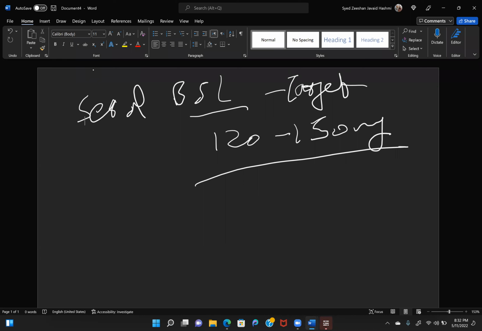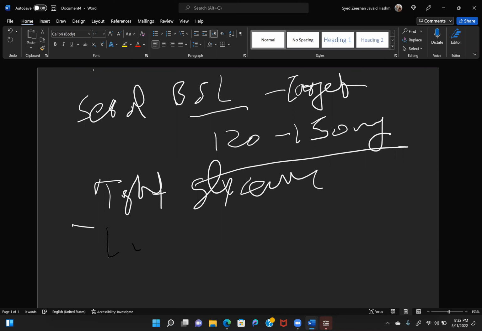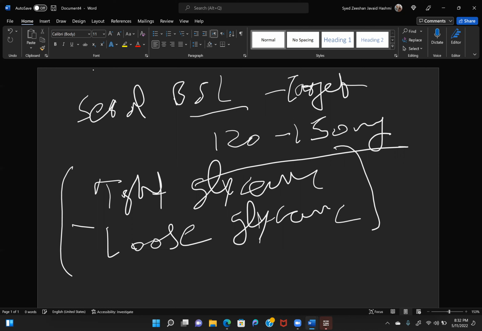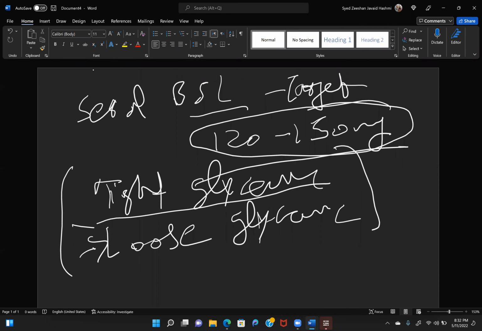Listen, there is tight glycemic control, and there is loose glycemic control. Which is better? Loose, less than 180. You have to keep it around 120 to 150.